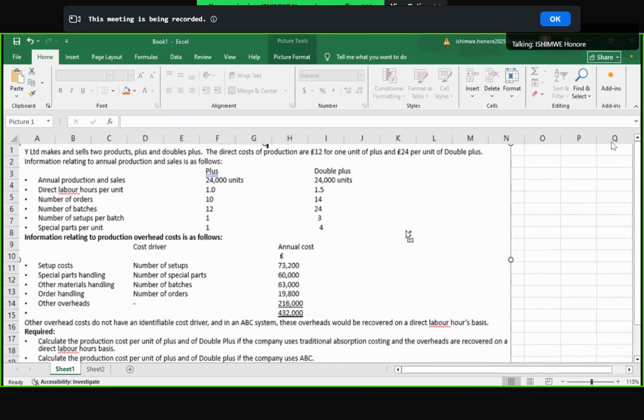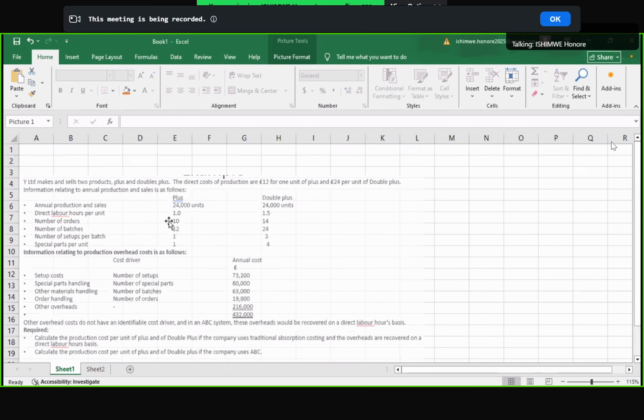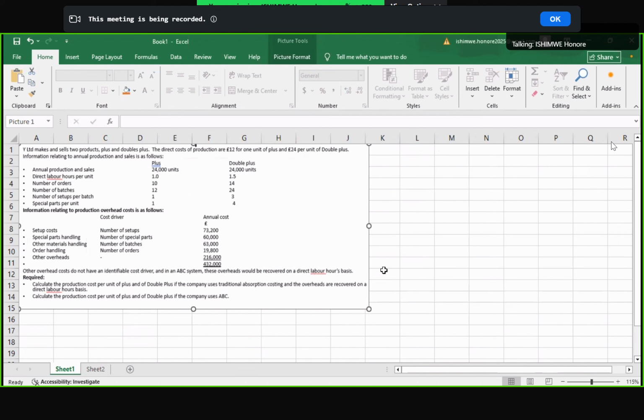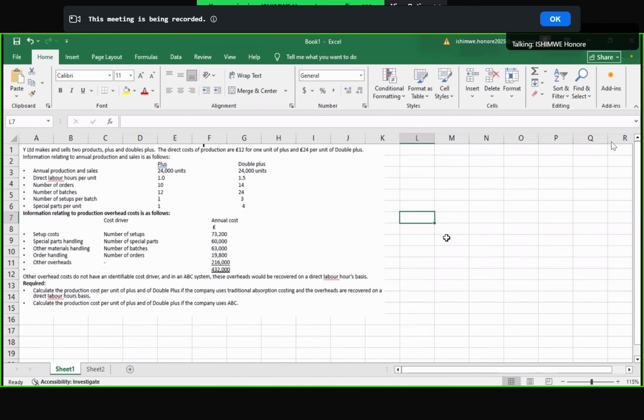Can you see the screen? Please confirm. If you are able to read the question as it is in the Excel file, we can work on it.